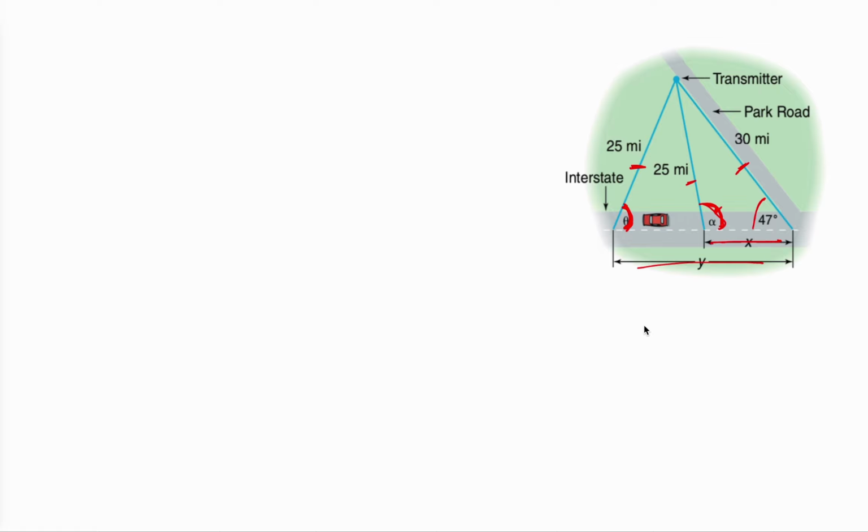Use the law of sines. So, we're solving for an angle, so we want to put sine 47 over 25 equals sine, let's start with sine theta, over 30. And we want to solve for theta. So, multiply both sides by 30. 30 sine 47 over 25 equals sine theta.